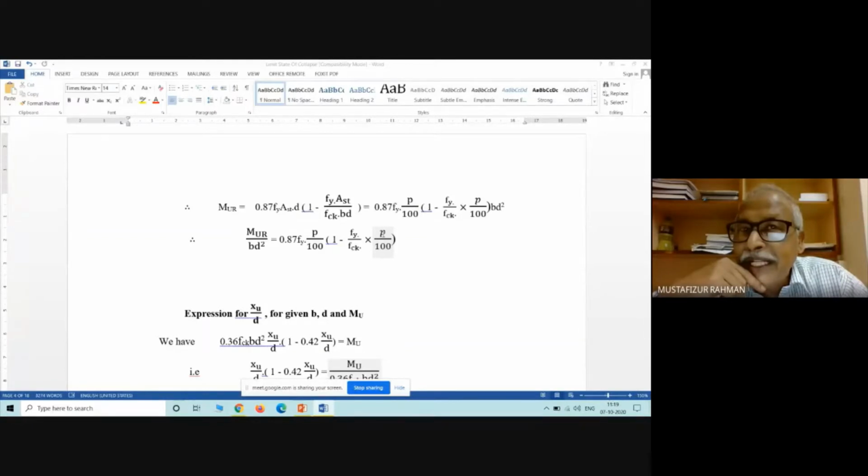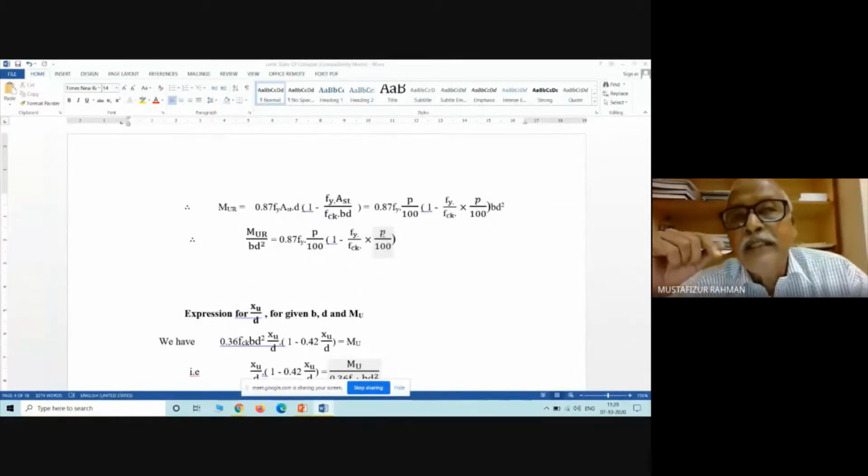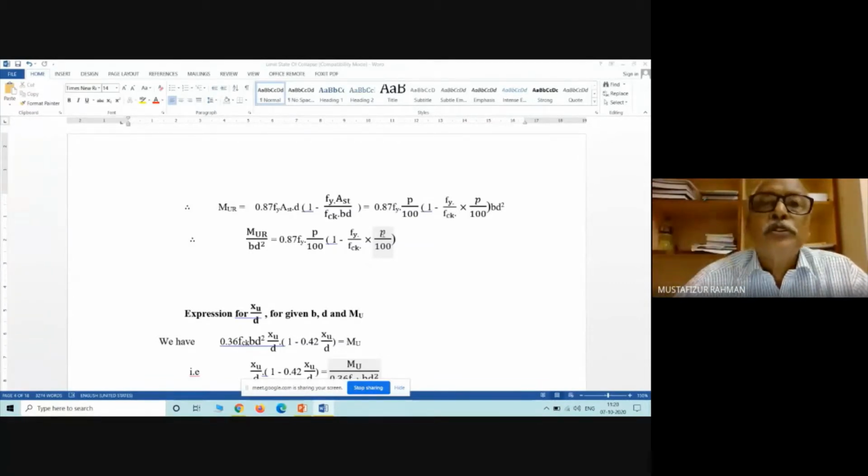You will be able to utilize it as practice, but in examination it will not be used. It will be permitted in professional life. From that table, with respect to a particular grade of concrete and a particular grade of steel, we will be able to find out the percentage of steel. Once you know the percentage of steel, percentage of steel multiplied by bd divided by 100 will be the total amount of steel required. So for that, this expression is required.